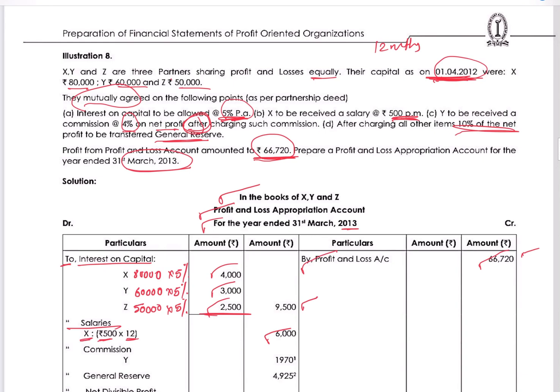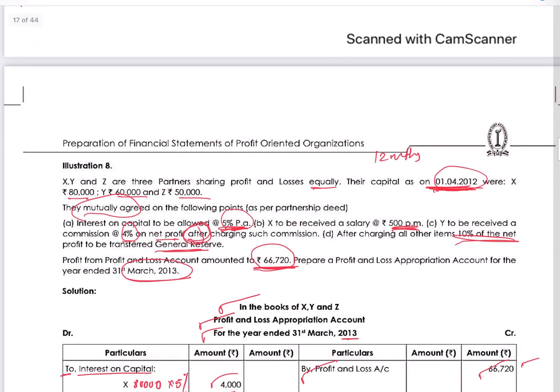Next, Y is to receive a commission of 4% on net profit after charging such commission. Now what they mean to say is that on the net profit after charging such commission, we have to apply 4%. So assume net profit after commission is rupees 100.